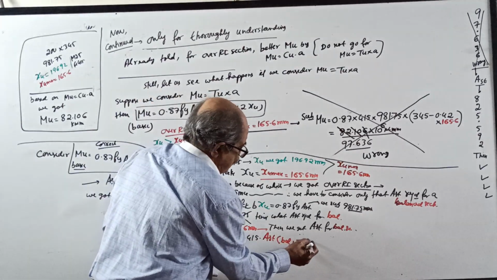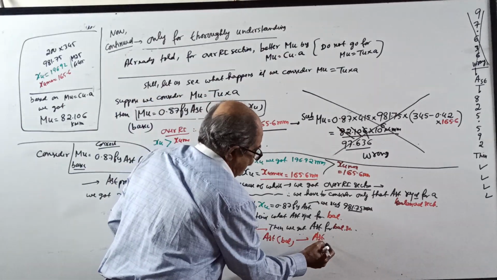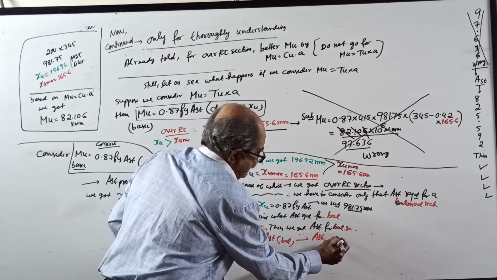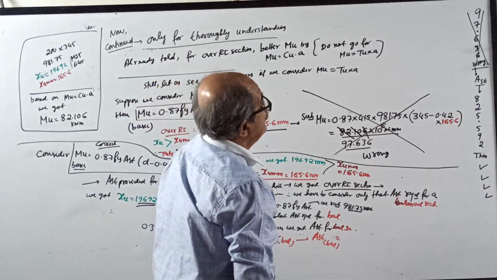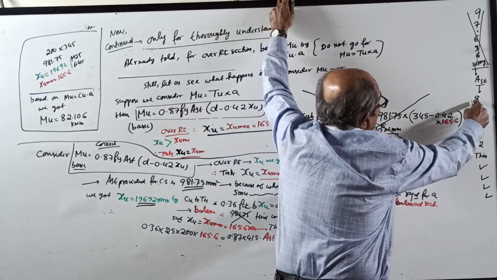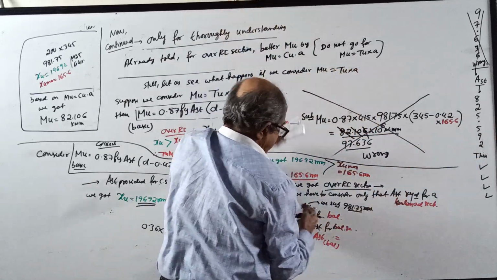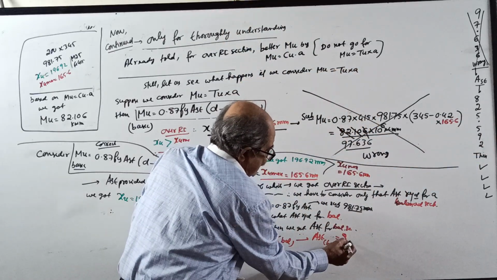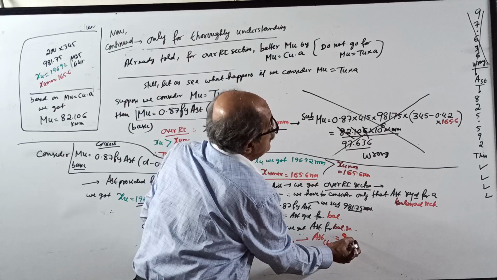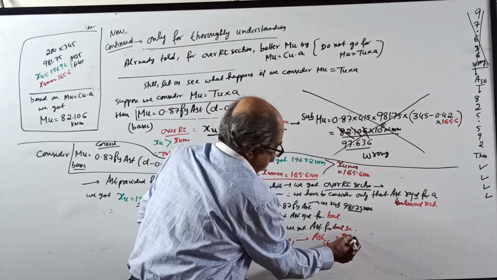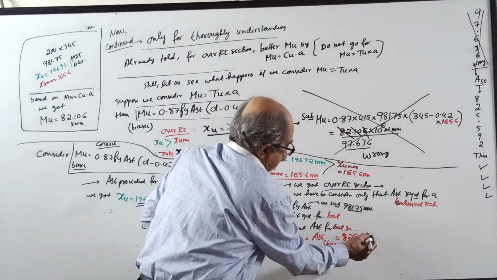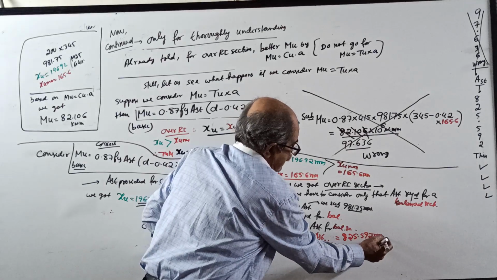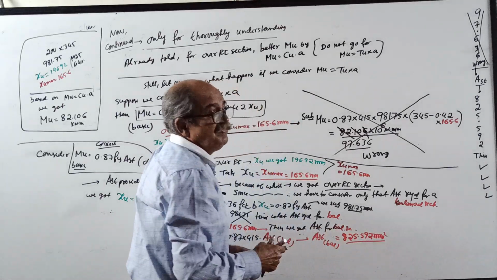Solve it. This will give you AST for a balanced section equal to, I already calculated it now, 825.592. I already calculated. Why? To save the time. 825.592 mm square.